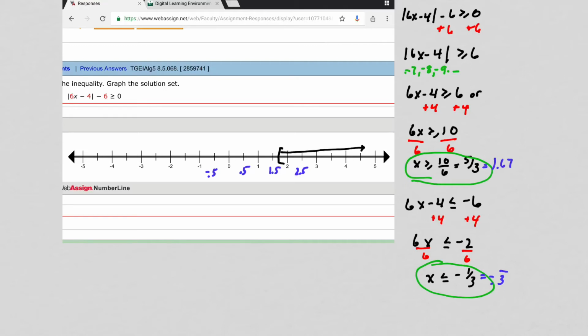So as you mark it on the number line, be a tiny bit closer to the -0.5 than you are to the 0. In interval notation, you would write that out as -∞, comma, -1/3, square bracket, union, square bracket, 5/3, comma, infinity.